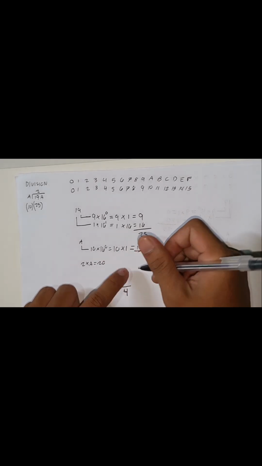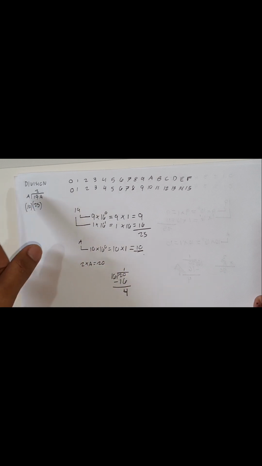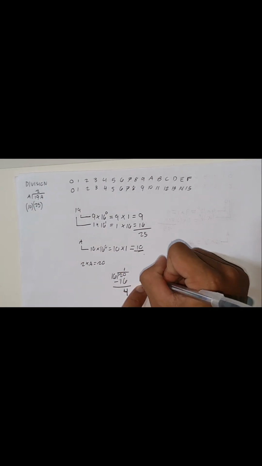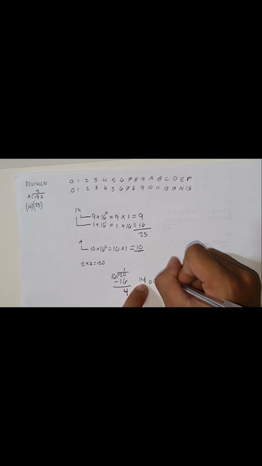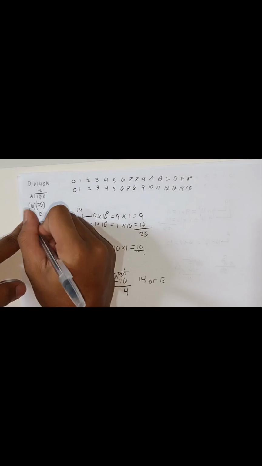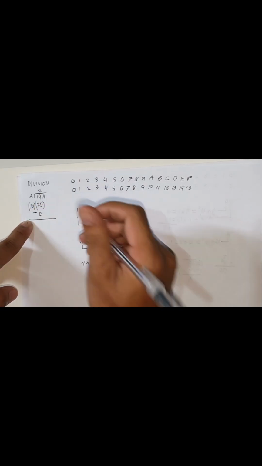So we need to read from top to bottom. So in order to have the answer of 2 times A, 1 and 4 becomes 14, or E in hexadecimal. So we have E here, and then subtract it.